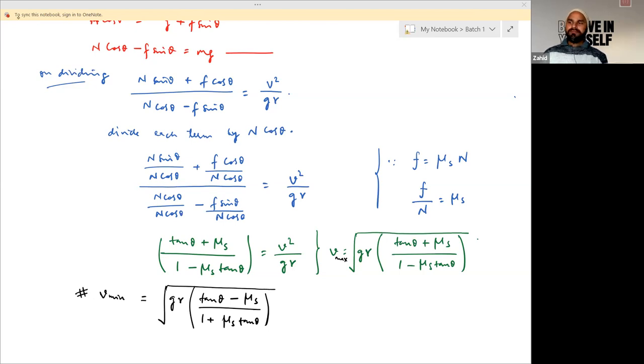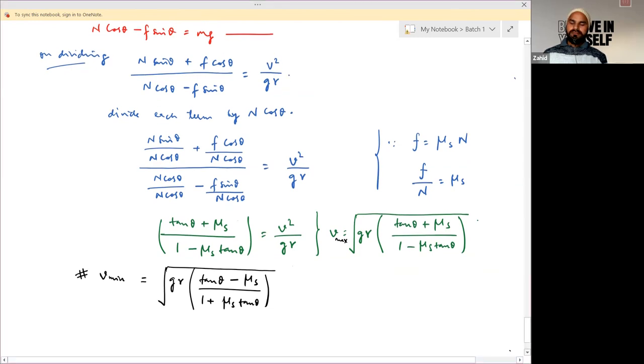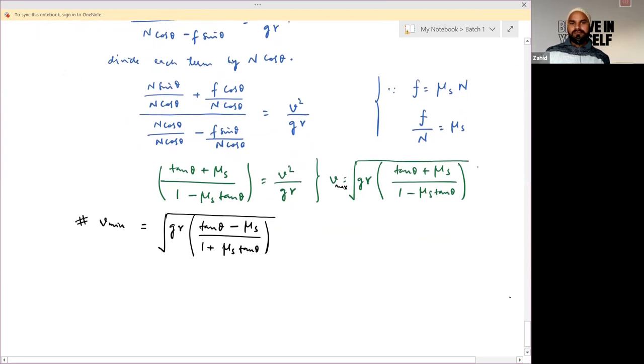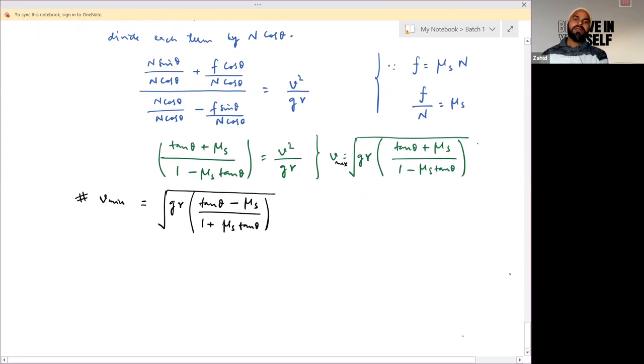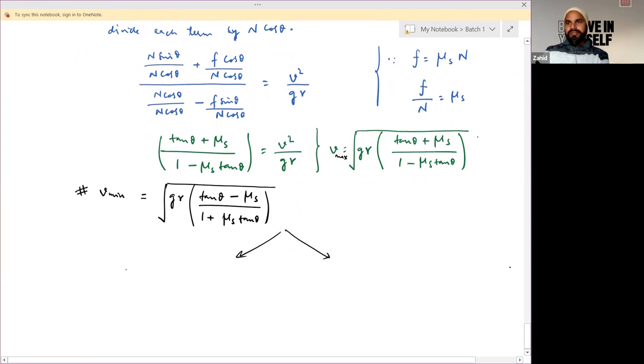You all have written? Yes, sir. Depending upon this formula, we may generalize or summarize it into two cases. First, for a flat track, theta will be equal to 0 degrees and tan 0 will be 0.